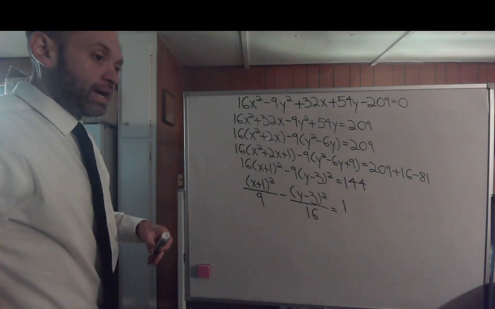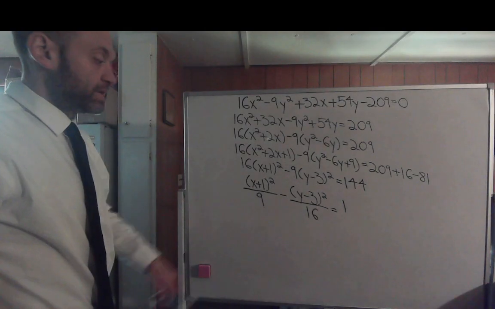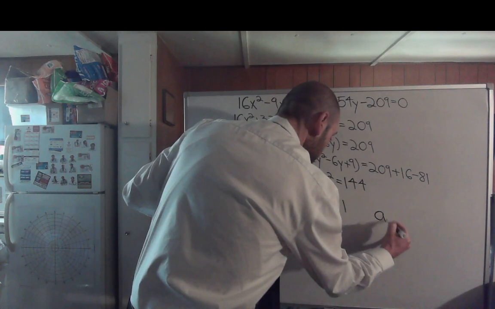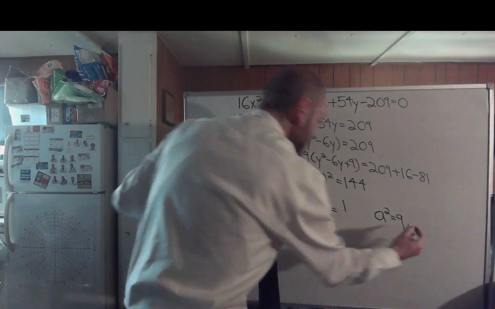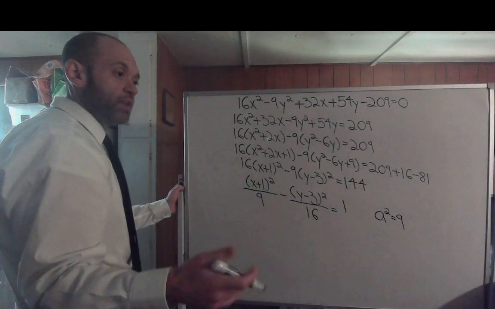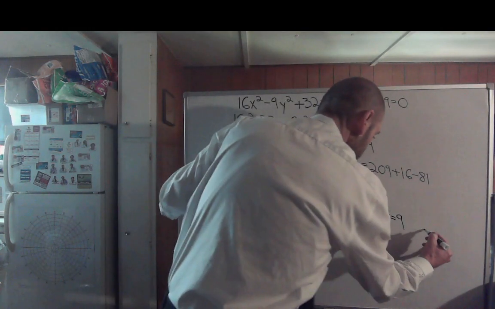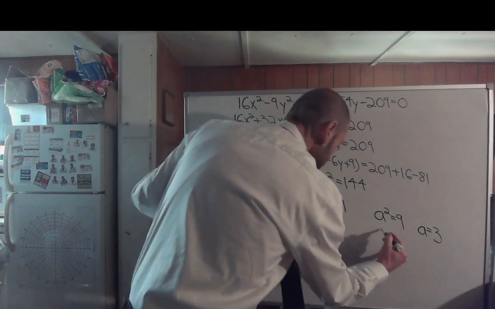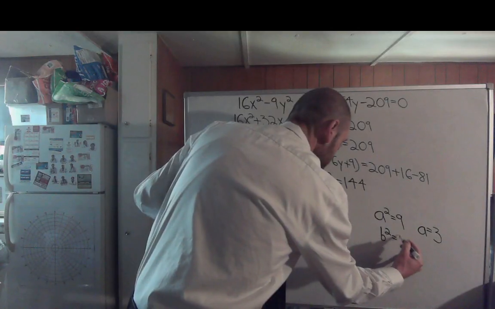Well, our a squared is going to be 9. So a squared equals 9. And since we're going for eccentricity, again, we only consider the positive root. So a equals 3. B squared equals 16.